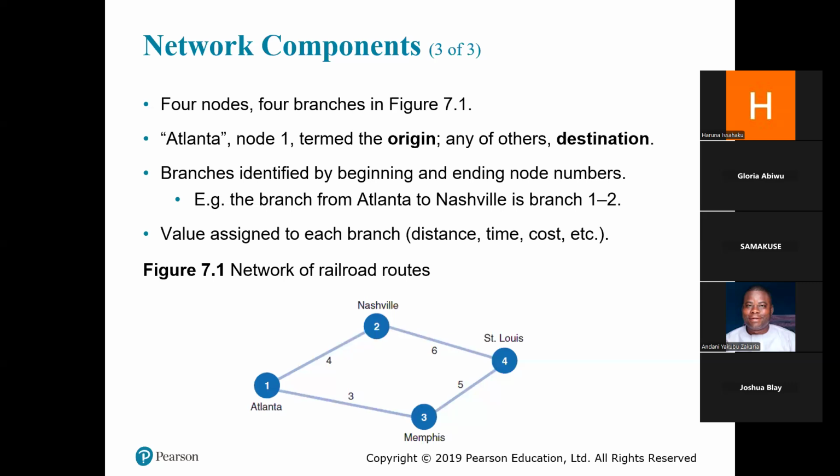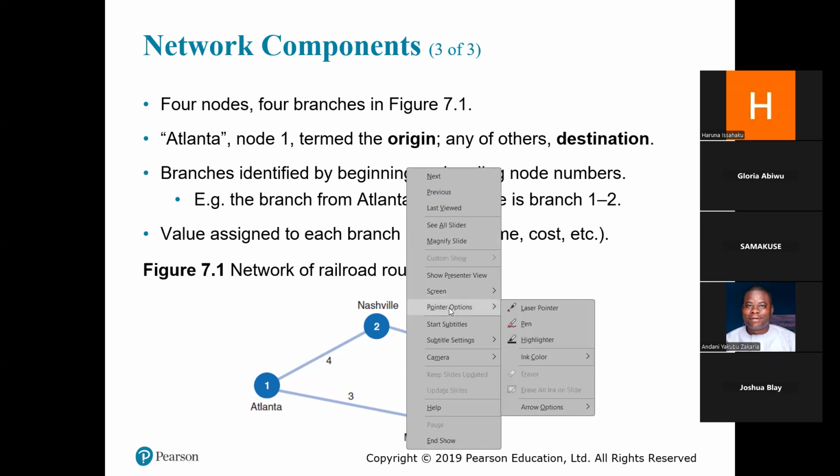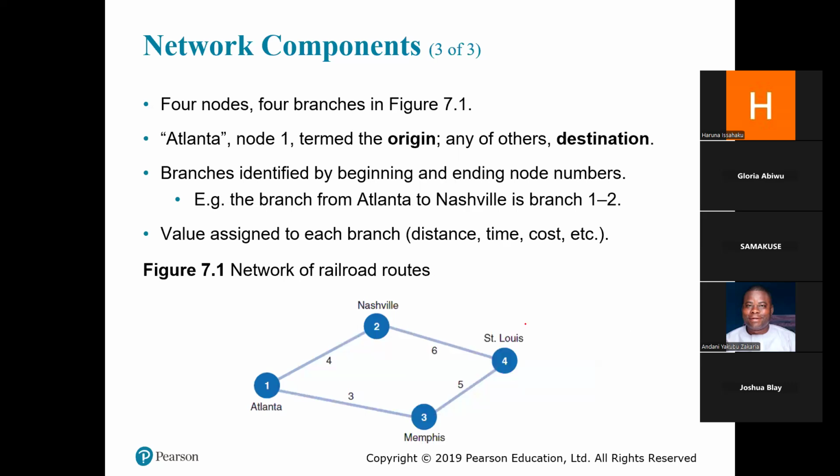If you want to identify a branch, you identify it by its beginning and ending node. So in this case, the branch moving from node 1 to node 2 is branch 1, 2. The branch moving from 2 to 4 is branch 2, 4. The branch moving from 1 to 3 is branch 1, 3, and so on and so forth.